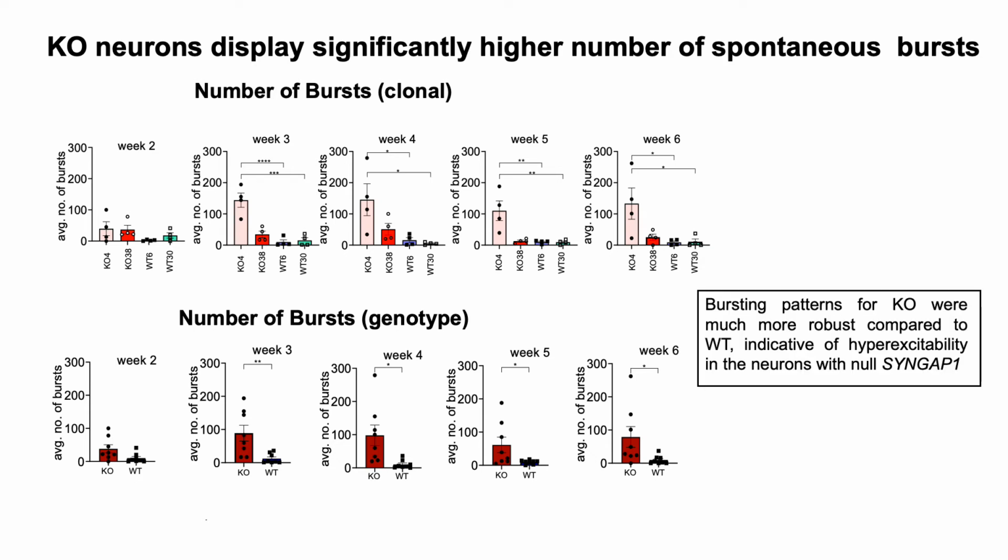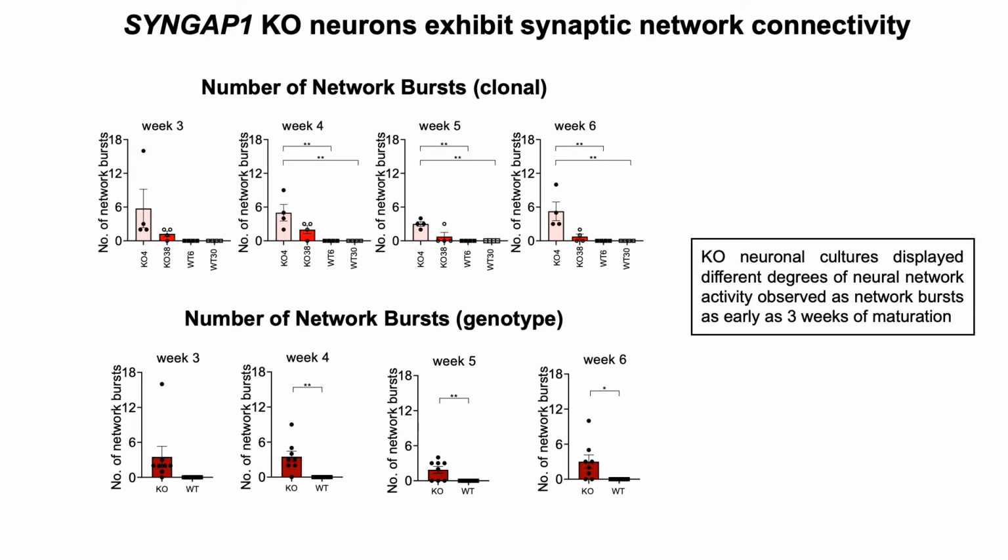The bursting patterns for the knockout neurons were much more robust compared to the wild type isogenic controls, indicative of hyperexcitability in the neurons having disrupted or null SYNGAP1.